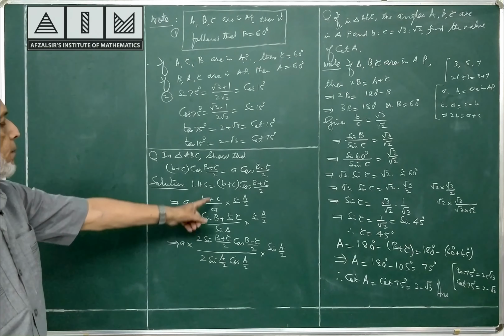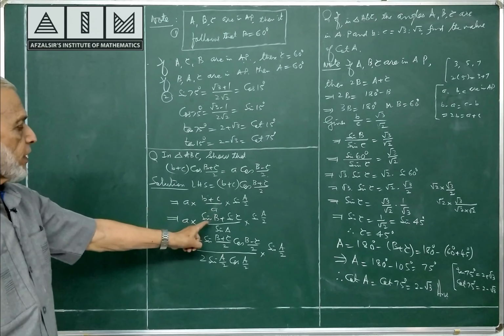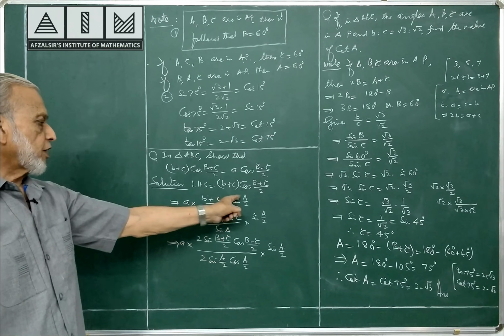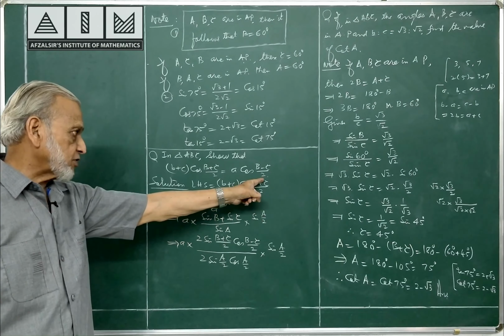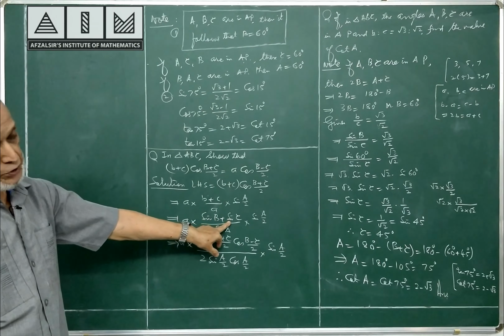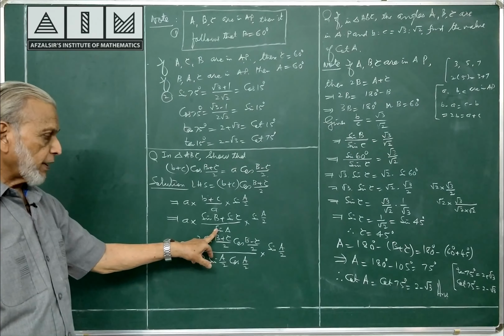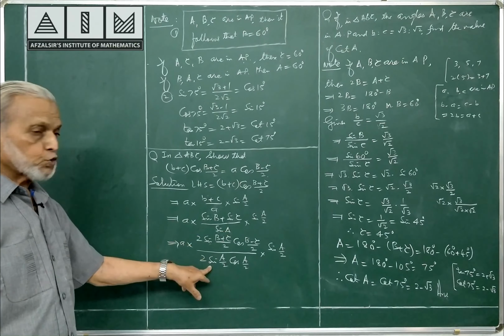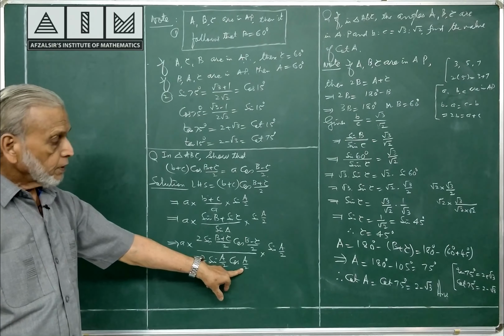See once again, a into (sin B plus sin C) by sin A, with sin A by 2 as it is, cos (B plus C by 2) is sin A by 2. Sin B plus sin C by transformation formula is 2 sin (B plus C by 2) cos (B minus C by 2), and by multiple submultiple angles formula, sin A is 2 sin A by 2 cos A by 2. Proceeding.